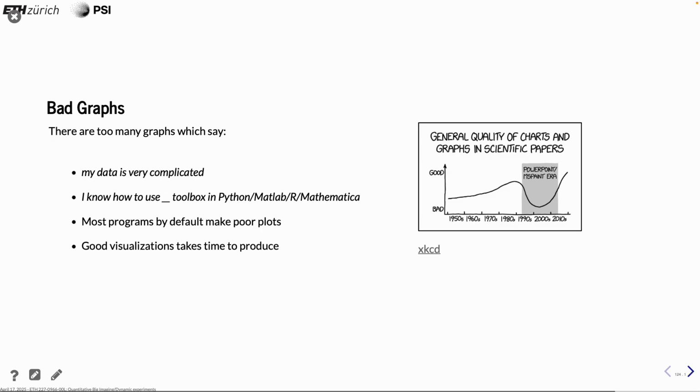There was a shift in the mid-90s. In publications before that, it was often trained people who did the graphs and did nice graphs. And then at some point when Word and the Office packages came, people were all of a sudden set to make the plots and graphs themselves. And that was a disaster.